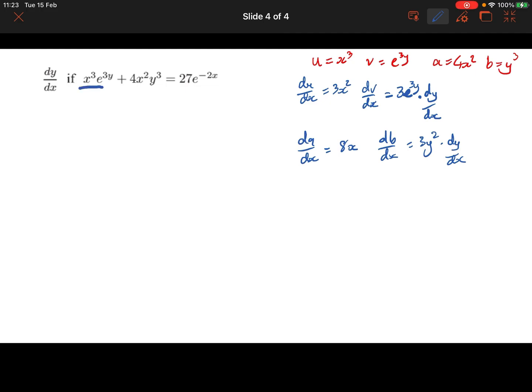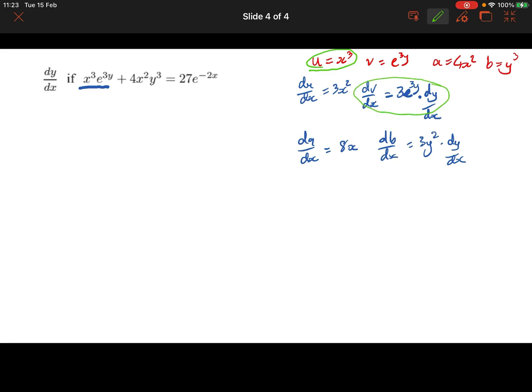So this requires the product rule, so let me do it in green so we can see what's going on. So it's going to be this times this.